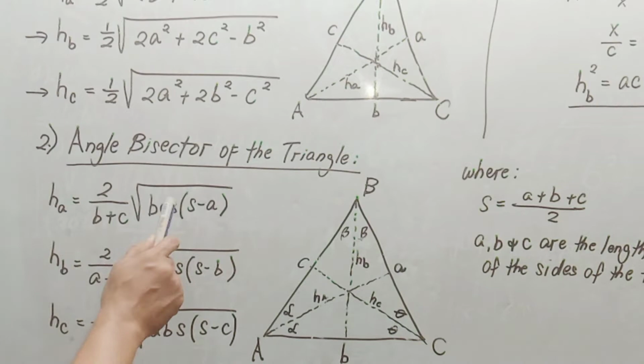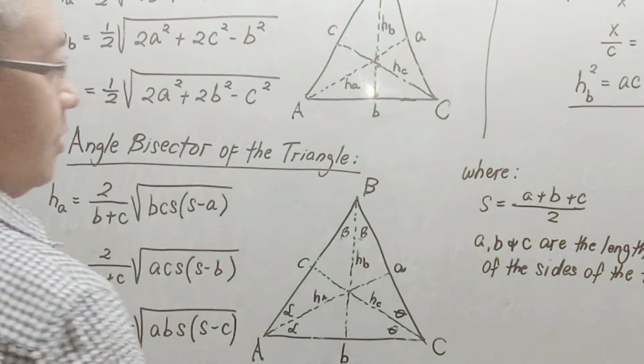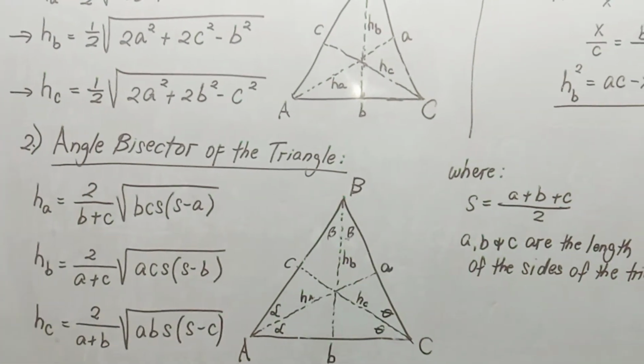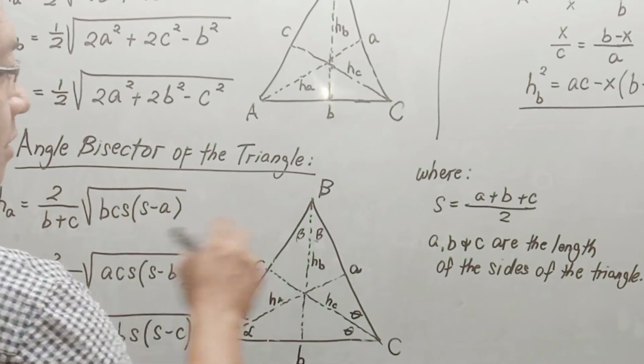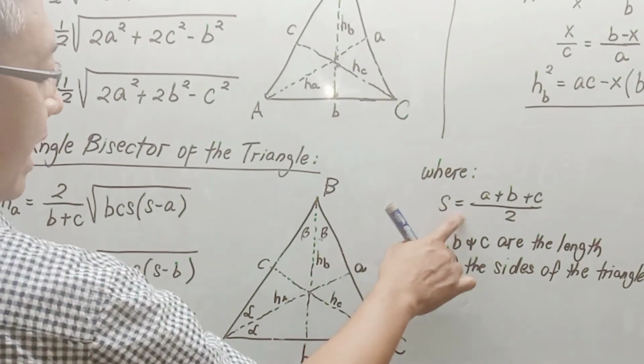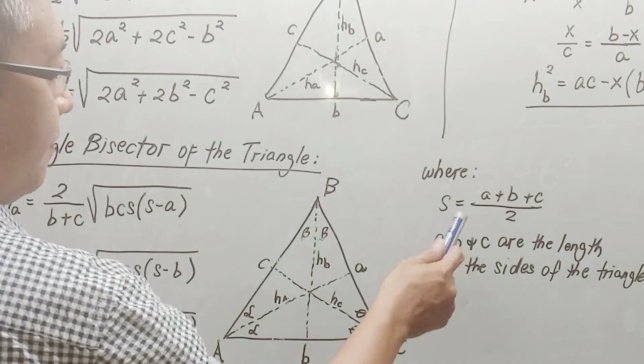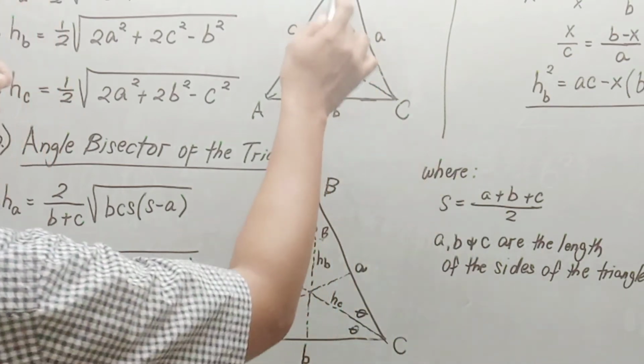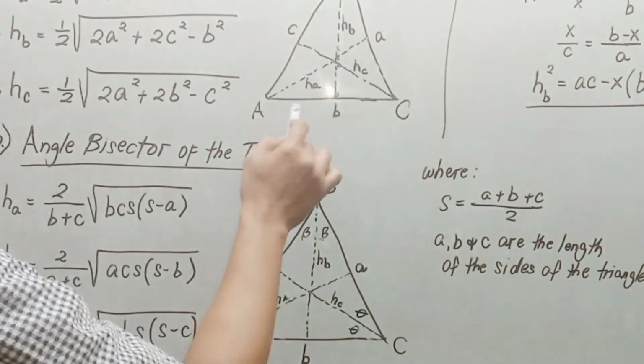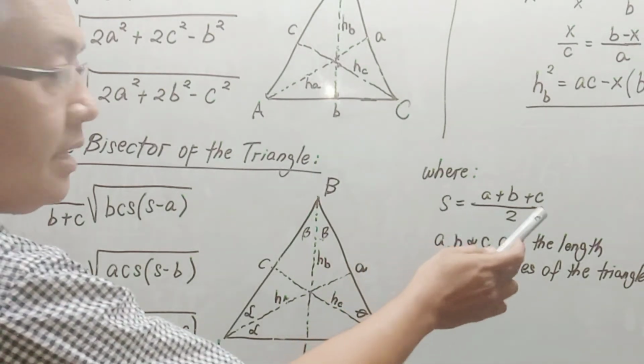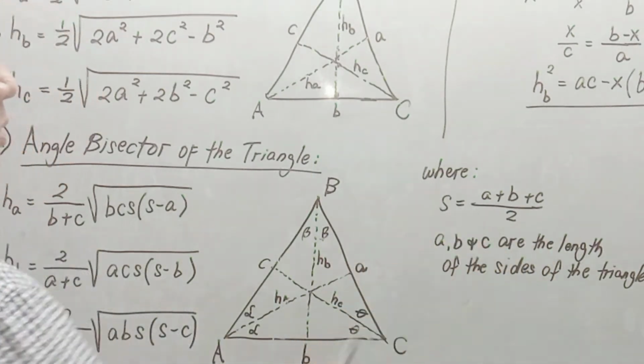By the way, guys, s is the semi-perimeter as we studied before. It can be solved as the summation of the three sides, a plus b plus c, divided by 2.